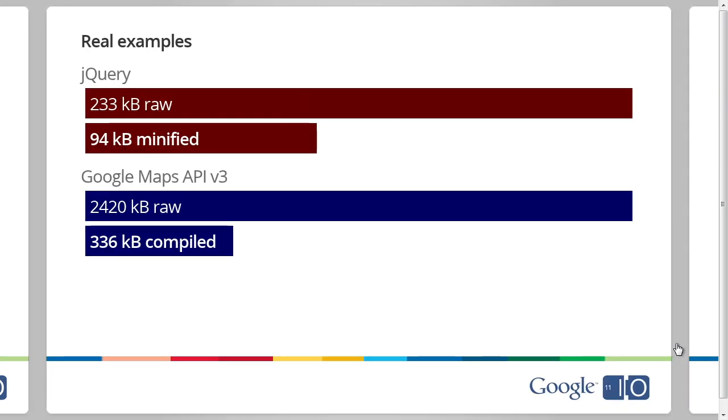Just to give you a little feeling for how powerful these minifiers and compilers are, here are two real-world examples. The jQuery library, when you concatenate just the raw source files, is about 233 kilobytes. After minification, that drops down to 94 kilobytes. The Maps API itself weighs in at a massive 2.4 megabytes before we do any compilation of it.